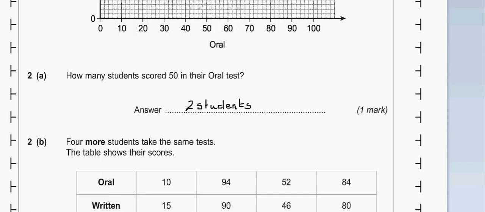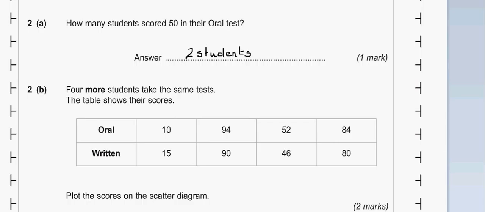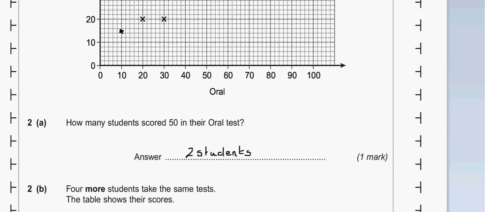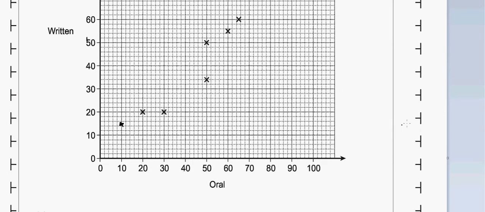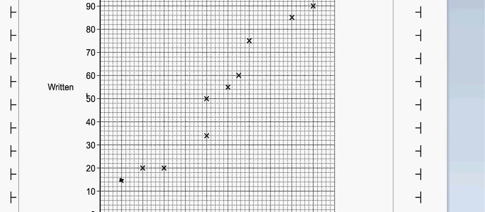One got 94 oral and 90 written. So 94 would be about here, on this line here, and got 90 on the written.